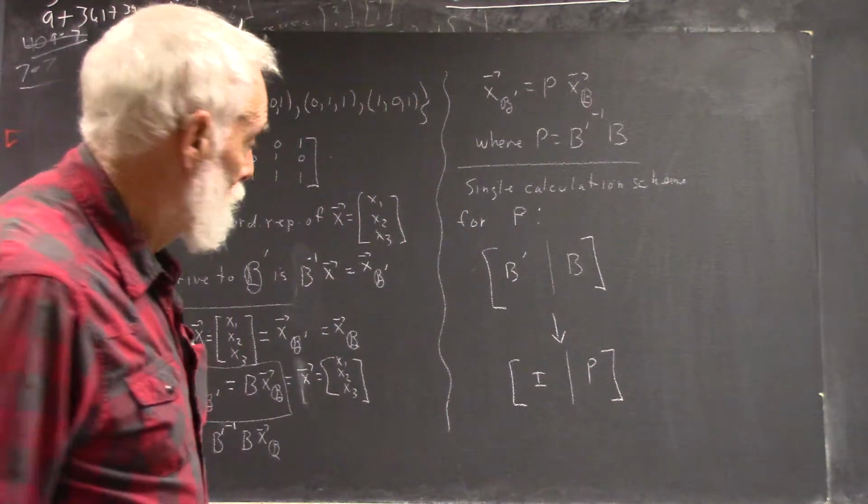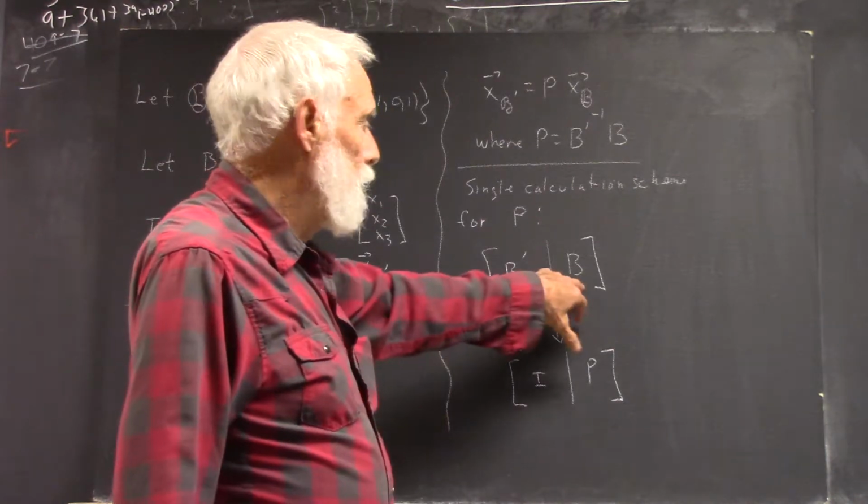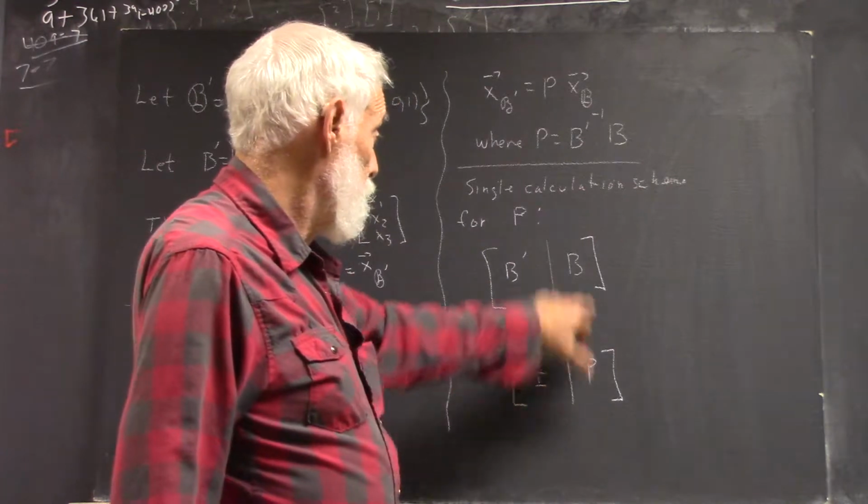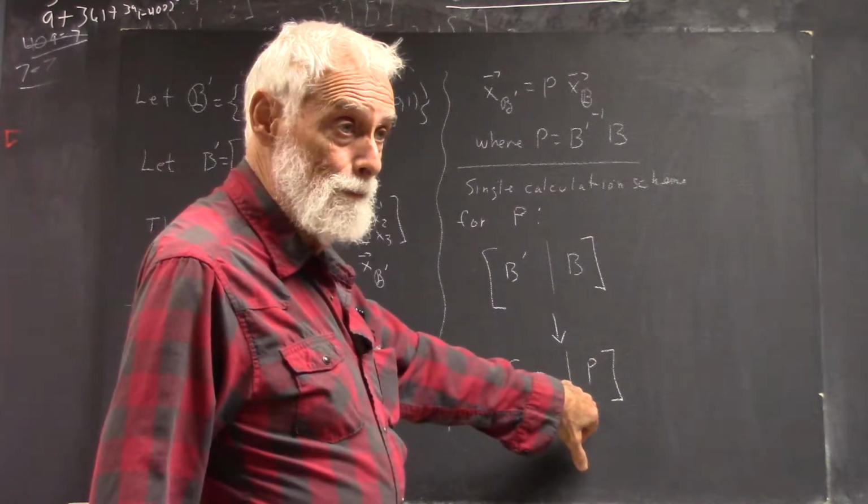You just take the B prime matrix, augment it by the B matrix, reduce the B prime matrix to the identity, and you're going to get the P matrix.